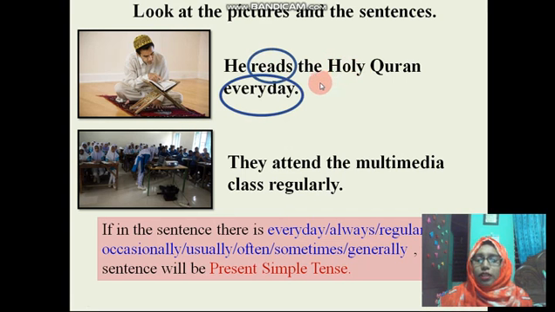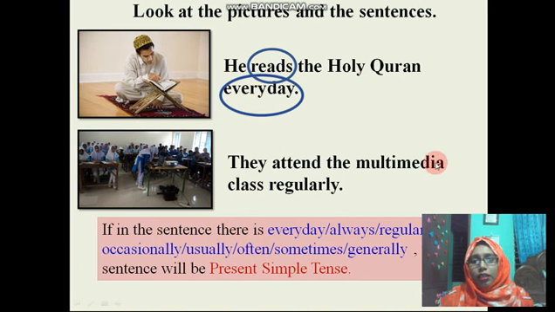That's why the sentence is present simple tense, and he is a third person singular number. Subject হচ্ছে third person singular number. সেজন্য ভার্বের সাথে s যোগ হয়েছে. He reads the Holy Quran every day. If the subject is third person singular number, you have to use s or es with the main verb, and here every day is present.